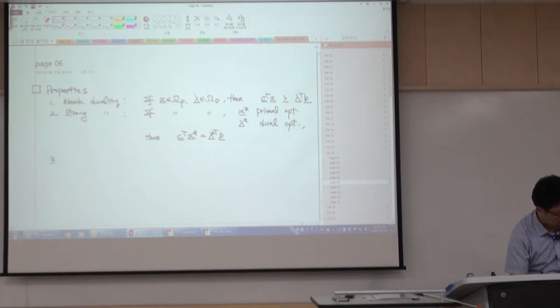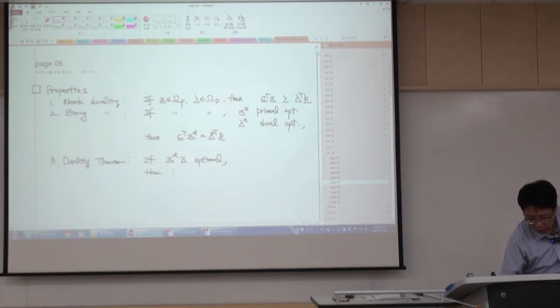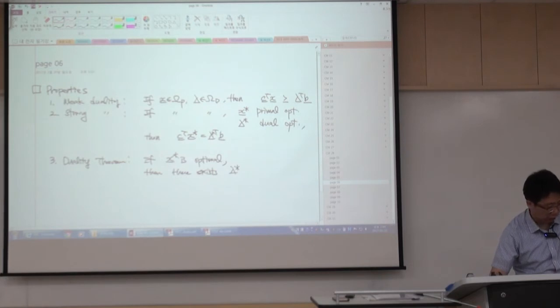So the existence theorem says that. Duality theorem: if X star is primal optimal, then there exists lambda star feasible that is dual optimal, and P star equals D star.